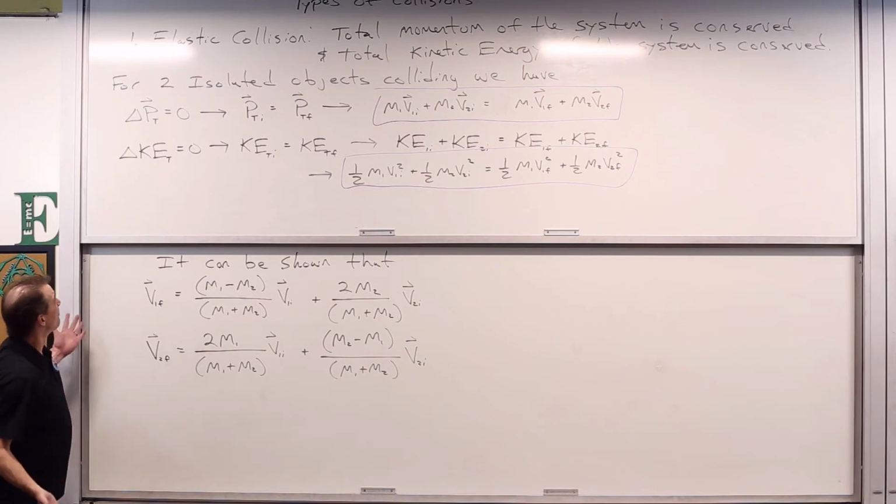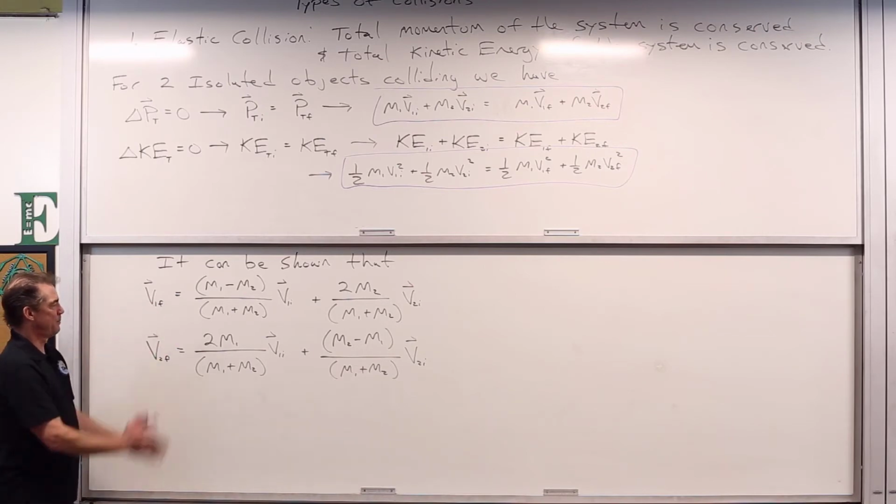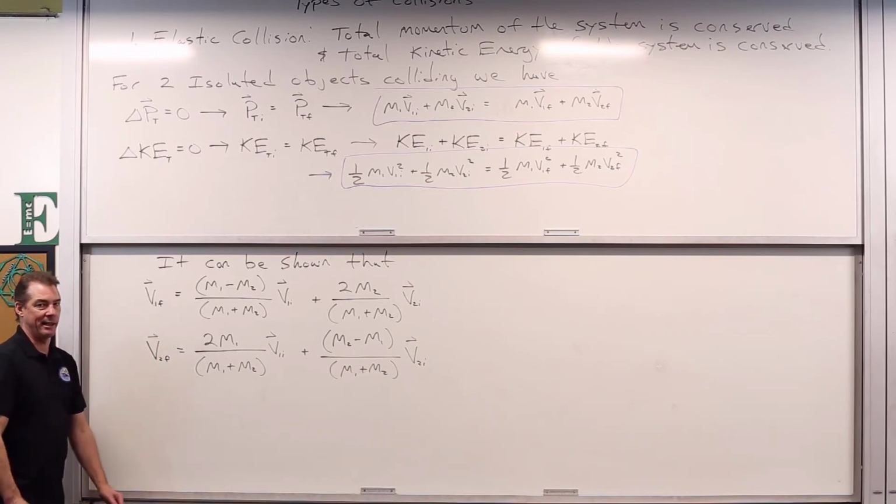So, kind of boring in the end when we got an elastic collision, because if we just want to know the final velocities, it's plug numbers in and compute what the answer is.